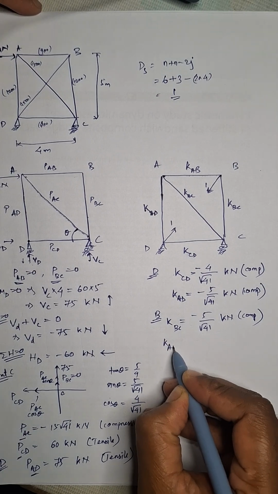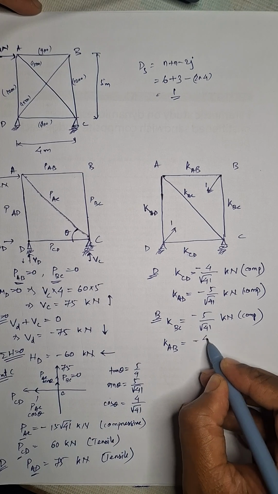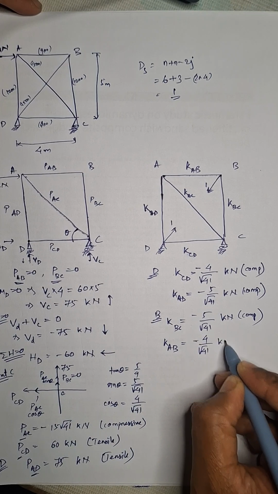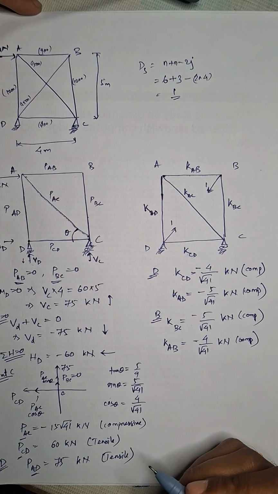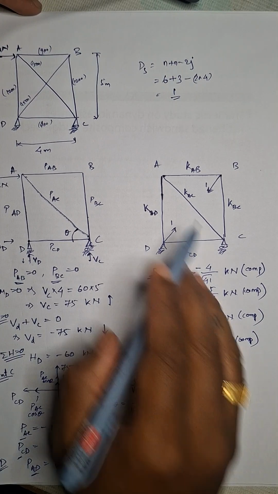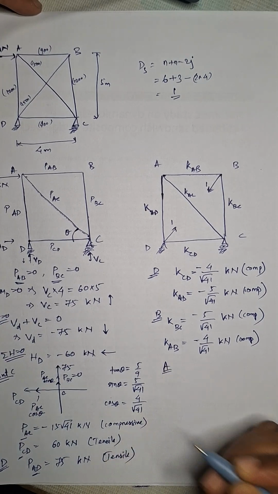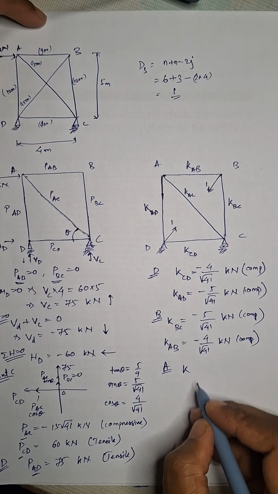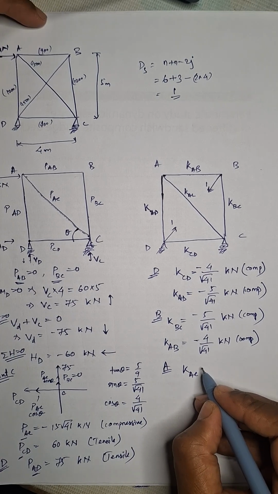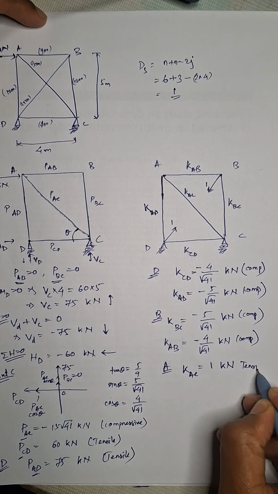Similarly, we will get KAB also compressive in nature, which is minus 4 by root 41 kilonewton. The remaining one is KAC. We'll take joint A. By taking joint A, we get KAC sin theta equal to 5 by root 41. So we'll get KAC as 1 kilonewton, which is tensile in nature.